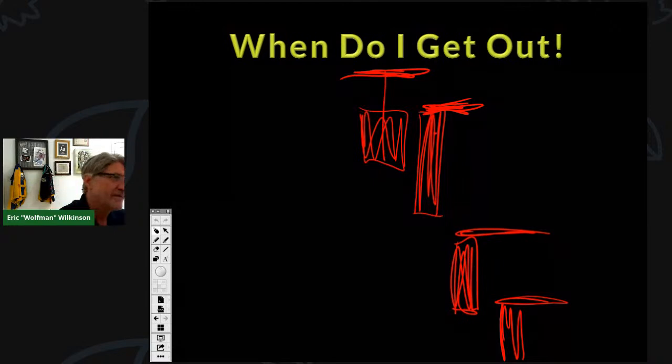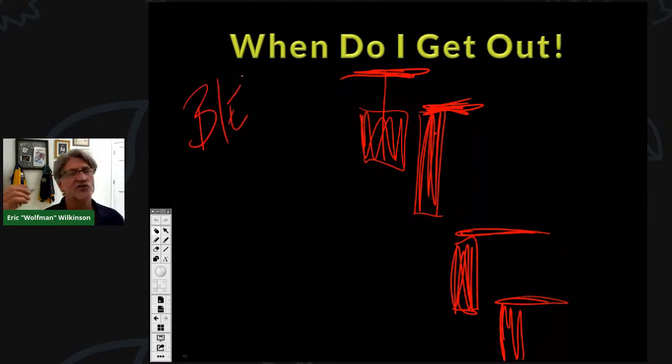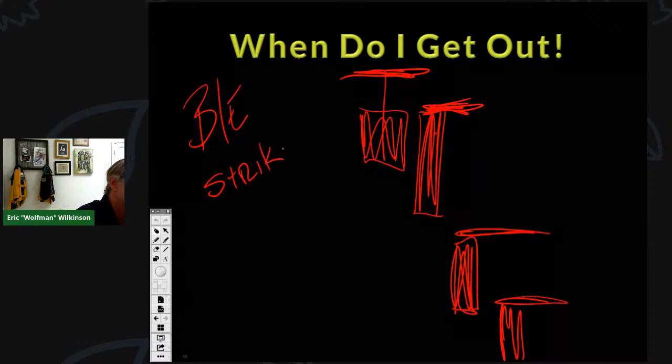Your break even, something to note when you're doing a break even, it is just like the risk reversal. Your break even is your strike price minus the debit. All right. Or your strike, if you're doing it, plus the credit.